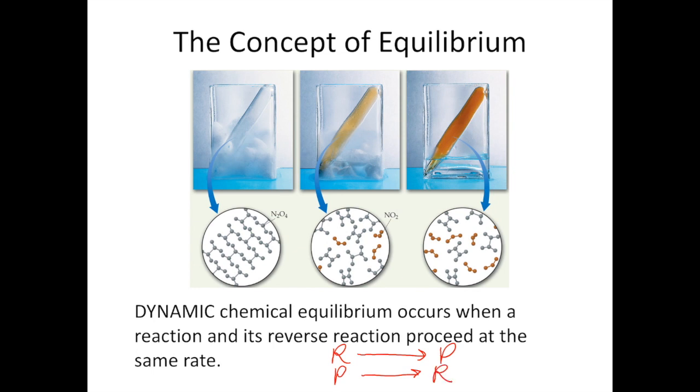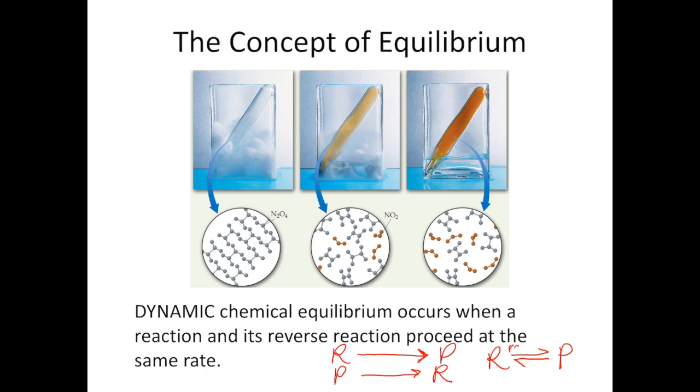And so what will happen is a reaction will start, the reactants will start forming products, and then as you build up a concentration of products, now your products are going to start to react. And so what you end up getting is this double arrow for the reaction going forward and reverse. Okay, so the reaction can proceed in the forward direction, and then it can also go back.